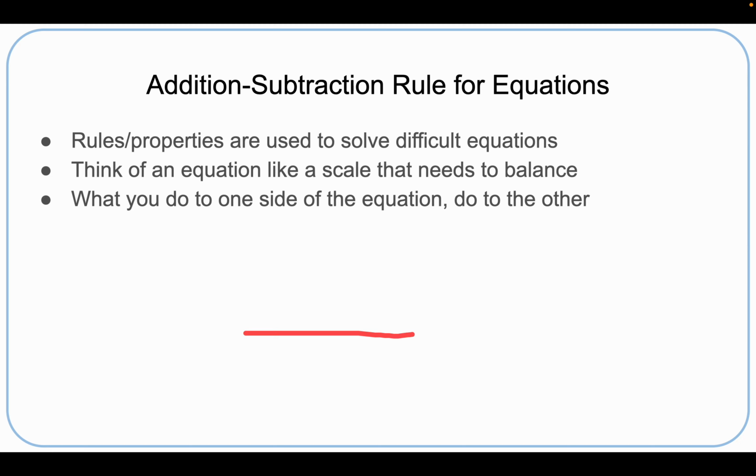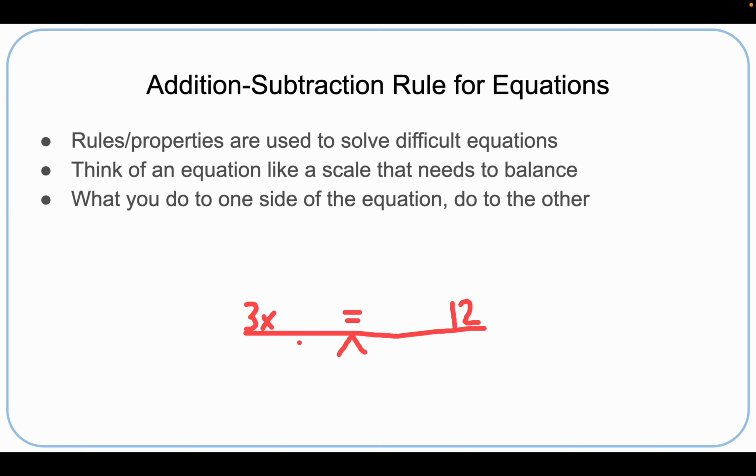Imagine there's a scale. And let's say we have 3x over here, and we're going to equal it to 12. So that means that 3x is the same as 12.